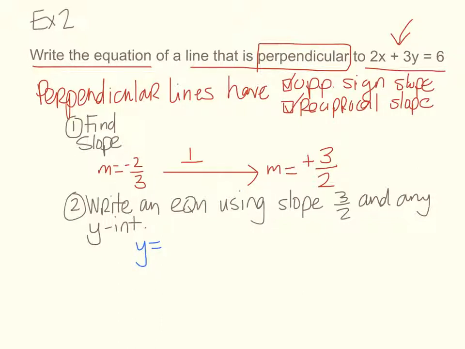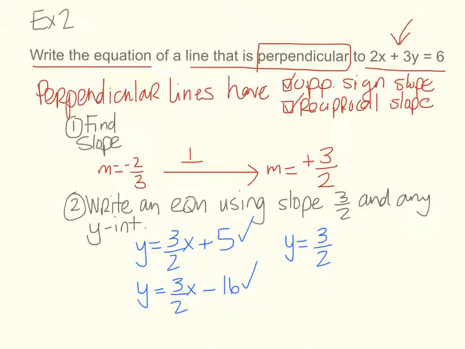Y equals 3/2x plus 5. Yep, that's perpendicular. How about y equals 3/2x minus 16? Yep, that's perpendicular. Y equals 3/2x minus 1. Yep, that's perpendicular.